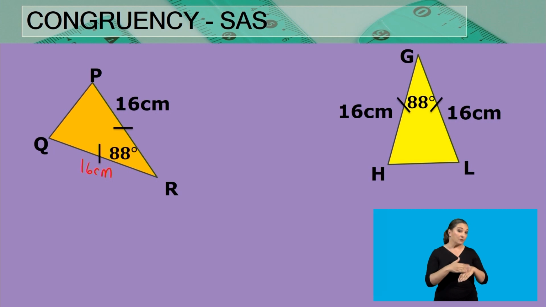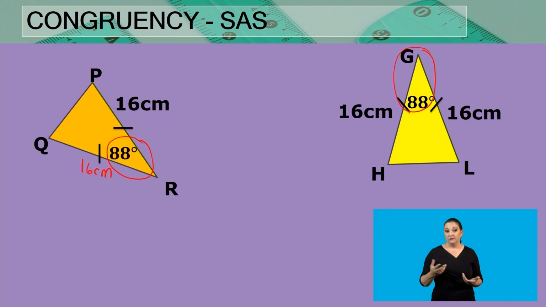And we can see that angle G here is 88 degrees and angle R here is 88 degrees. So in both triangles we have two sides that are equal to 16 centimeters and we have one angle in each triangle that is equal to 88 degrees.